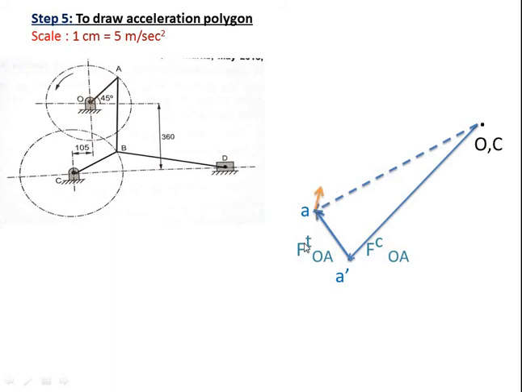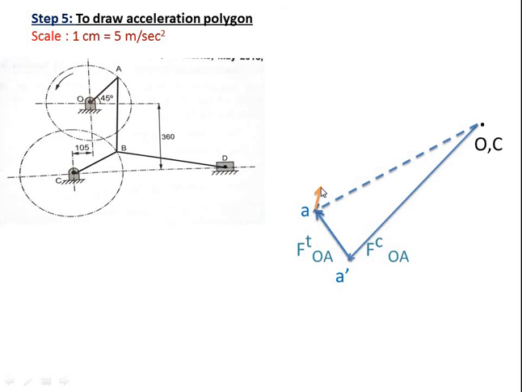We will not draw it in a downward direction, because then it seems to be towards B, but it should be towards A. So this is the centripetal component of AB.